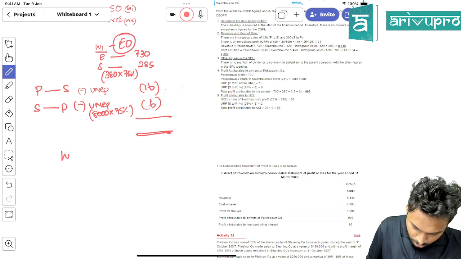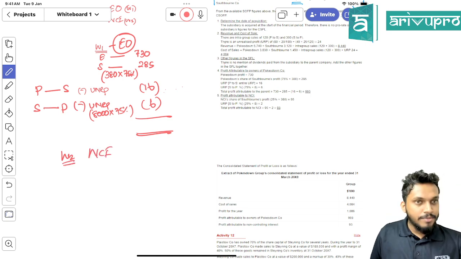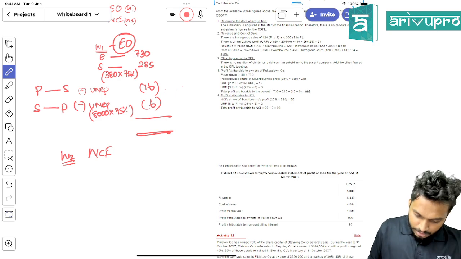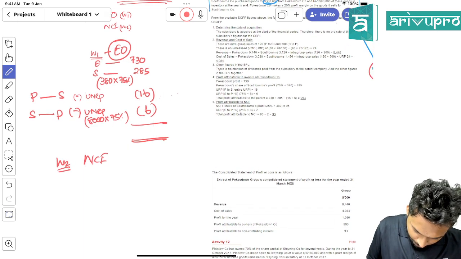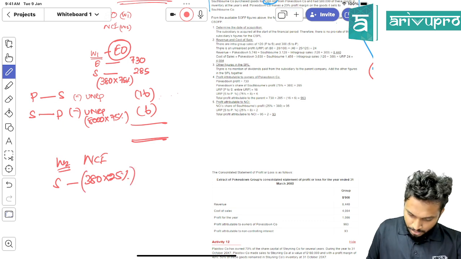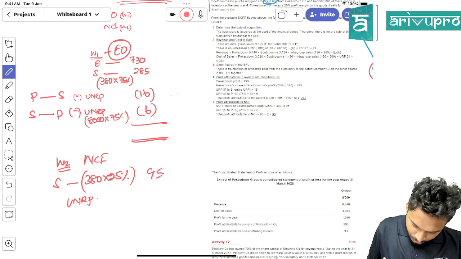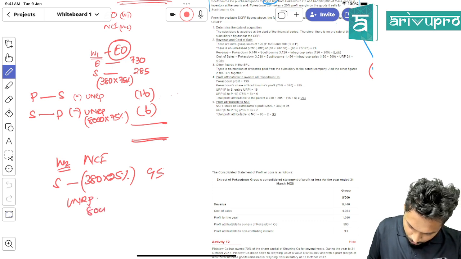Then in your working 2, you will calculate for the non-controlling interests. So in the non-controlling interest, from their profit share is how much? 380 into 25% they need to get from the business. What is that? 95. Then unrealized profits of that 8,000 also they will share only 25%.